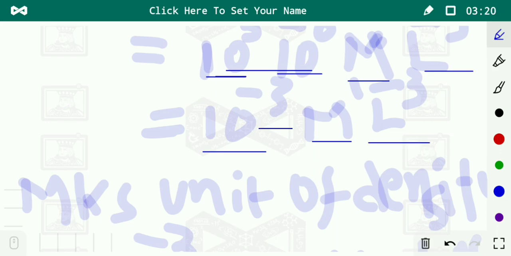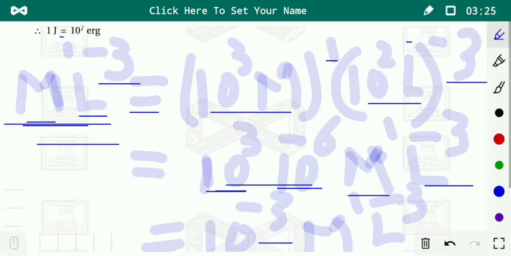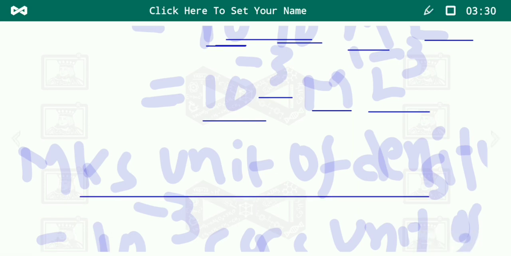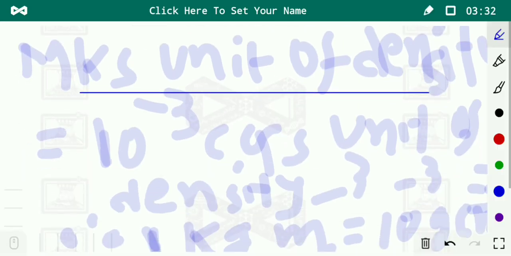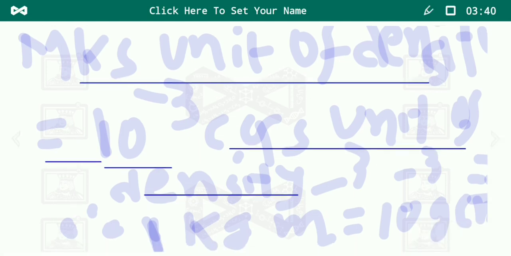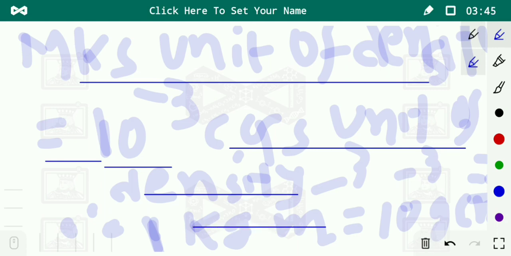Because this is written under the MKS part, we can say that the MKS unit of density is equal to 10 raised to minus 3 times the CGS unit of density. But students, you know it very well, the MKS unit of density is kilogram per meter cube. So 1 kilogram meter raised to minus 3 equals 10 raised to minus 3 gram centimeter raised to minus 3.